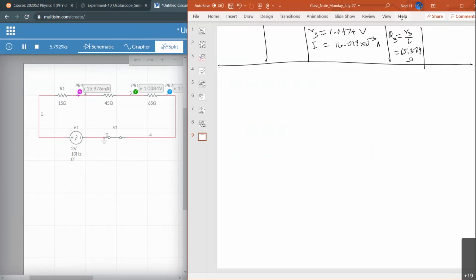Now you compare that 65. This is the real R3 value we expect to be 65, but the calculated R3 value from the experiment we are getting is 65.389 ohms. So you compare those two to get the percentage difference.